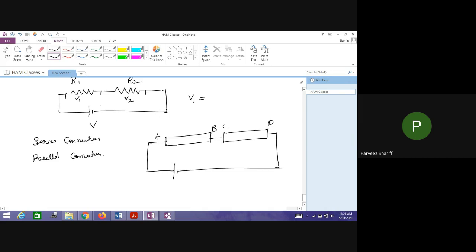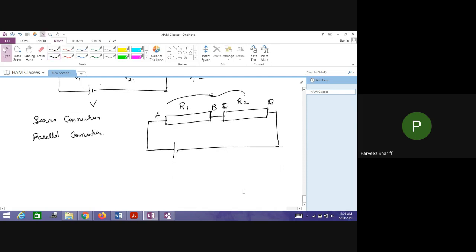The other end of the first copper rod, call it B, is connected to one end of another copper rod, C, and the second copper rod's other end, D, is connected to the negative terminal of the battery. Now this has certain resistance called R1, and this has certain resistance called R2, because these are two different coppers. But all together, I can combine this.